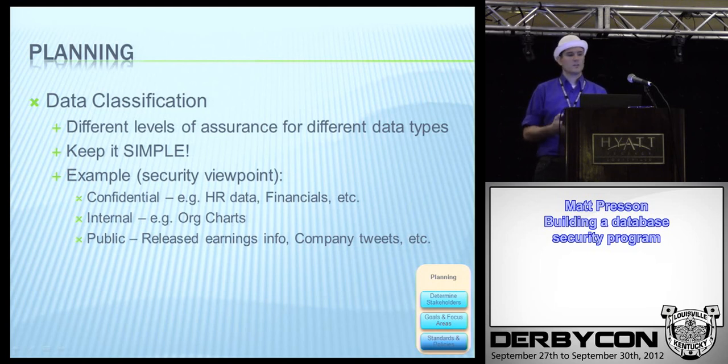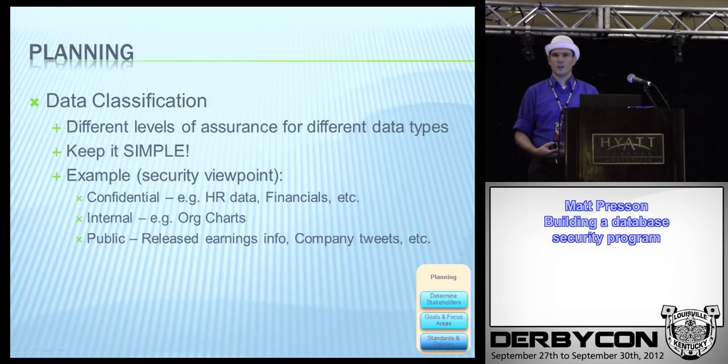Because another thing is you have to keep it simple too, and realize that it's not going to be the security team that's going to classify all of your data. Nobody here can go back to their organization and classify every piece of data that they have. It's just not possible. New data is being created all the time, data is being deleted. The real job of classification is going to be those business leaders, those business end users who use it every day to make your company money.